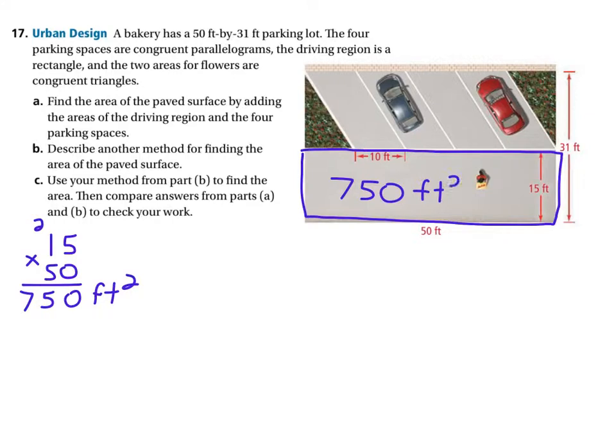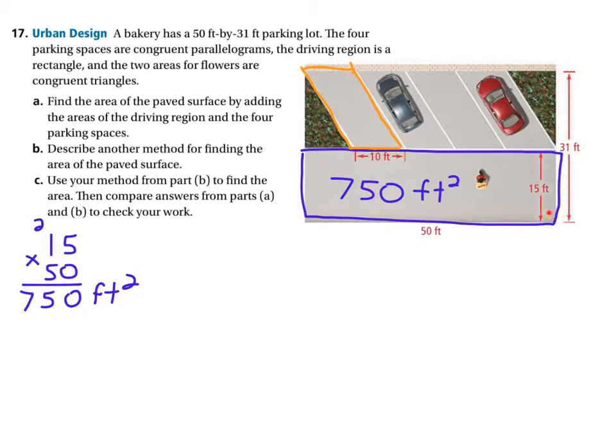Now, let's find the area of one of the parking spots. Okay, well, we know that it's got a width of 10 because it's indicated right there in red. Each parking spot is congruent, so we know that. Now, what's the height of it? Well, look over here on the right-hand side.